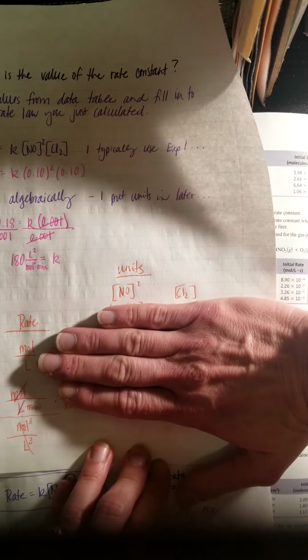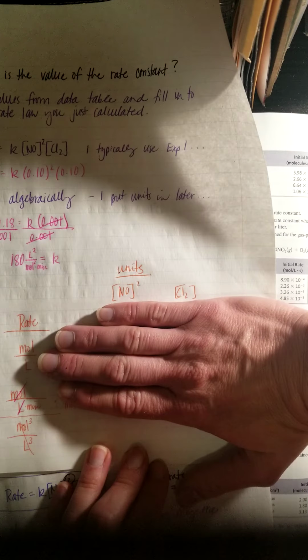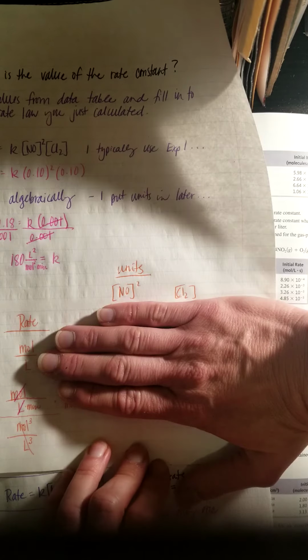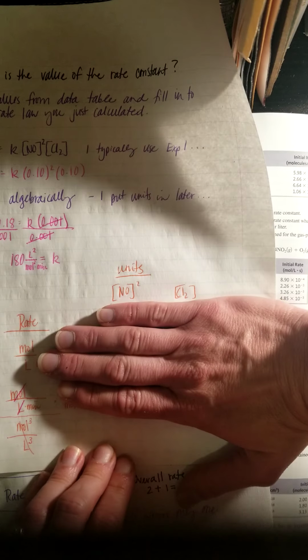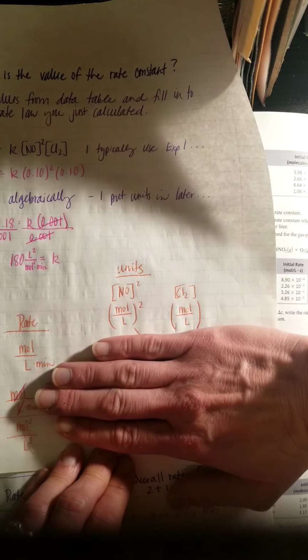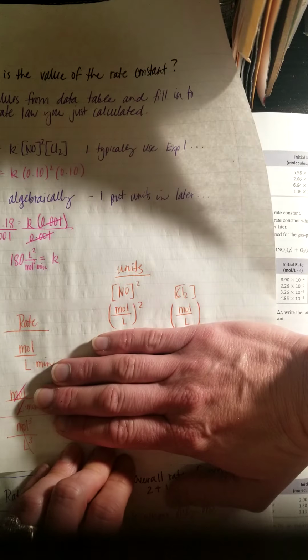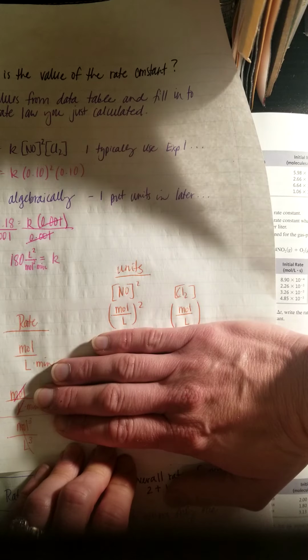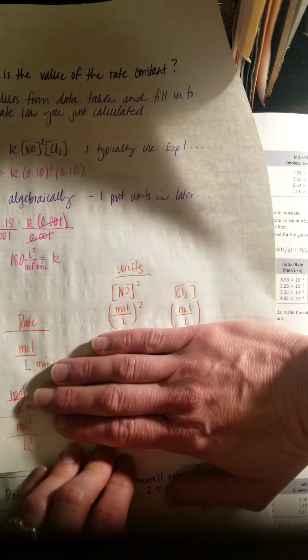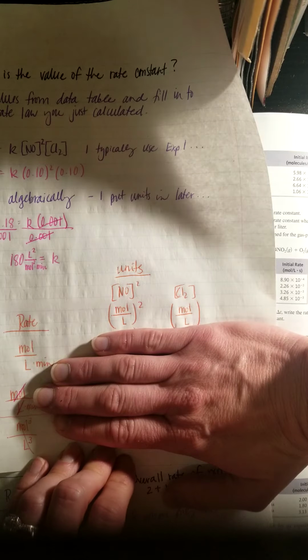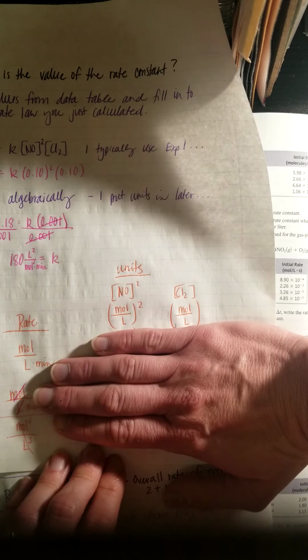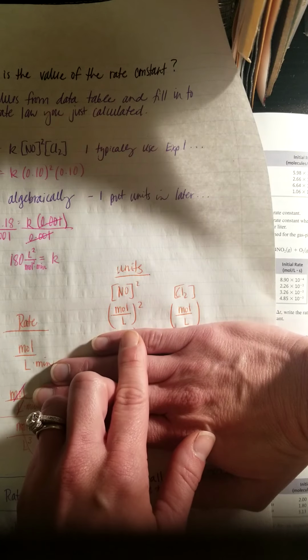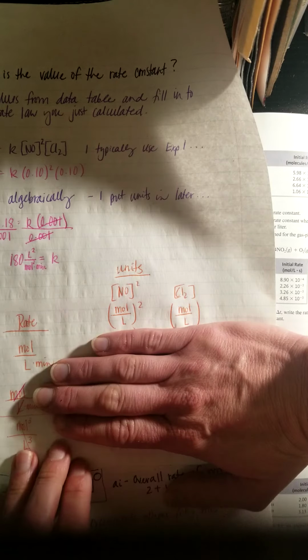When I started out, I'm looking at the units of what my NO concentration is and my Cl2 concentration. I knew that they were molarity, so moles over liters. The NO concentration was second order. The Cl2 concentration was first order. So I'll plug that in. Second order, first order.